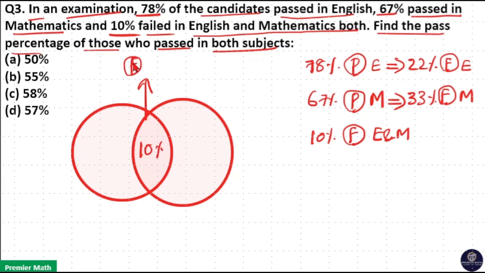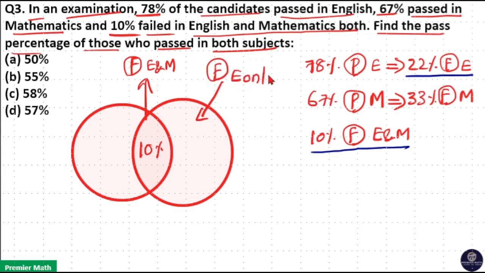both English and maths. Now, this 22% students who failed in English include this 10% students who failed in English and maths. So, students who failed English only will be 22 minus 10%, which is equal to 12%, because this 22% includes this 10% as well.